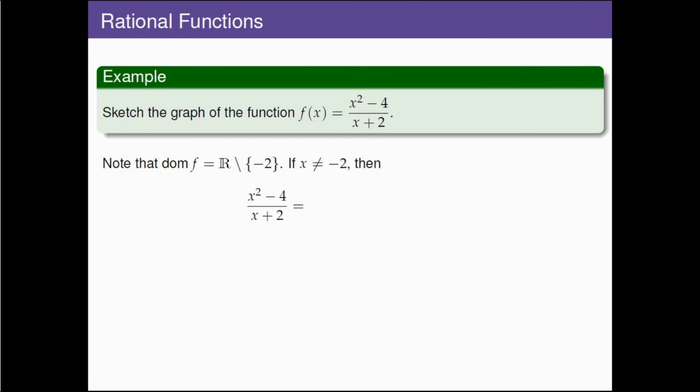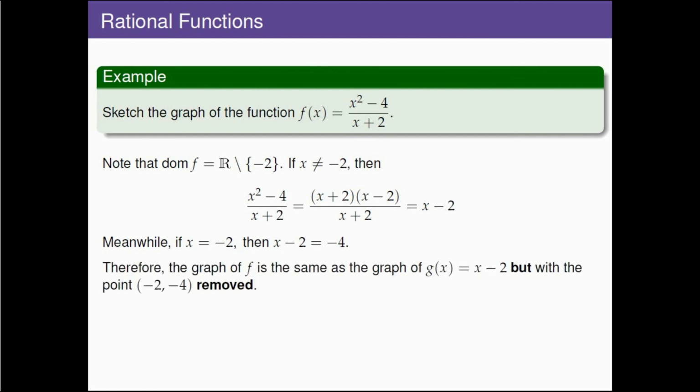If x is not equal to negative 2, then f of x is equal to x plus 2 times x minus 2 over x plus 2. So we have factored the numerator. We can cancel out x plus 2, so we get x minus 2. Meanwhile, if x equals negative 2, then the value of x minus 2 is negative 4.